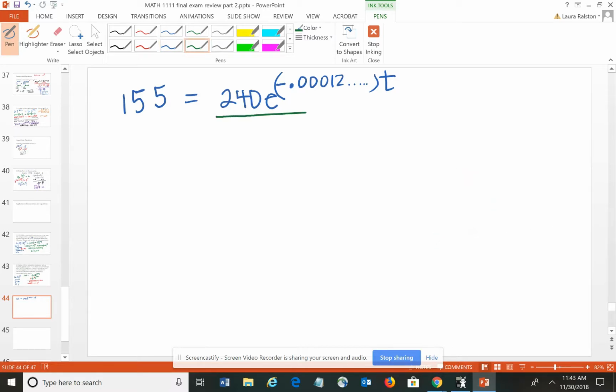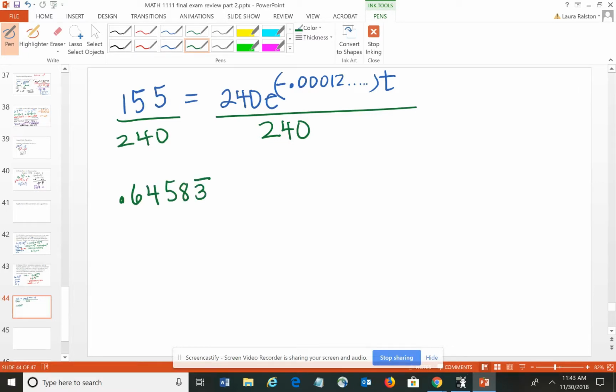So I'm going to divide both sides by 240. We have 155 divided by 240, which gives us 0.64583 repeating, equals E to the negative 0.00012 times T. Then I need to get rid of the base E. We do that by taking the natural log of both sides.